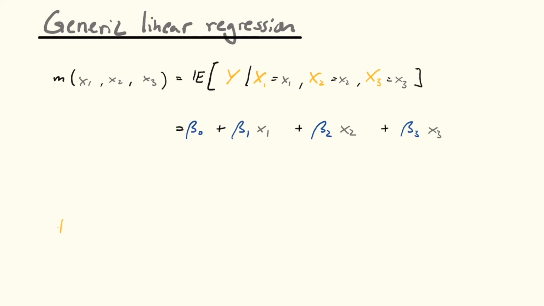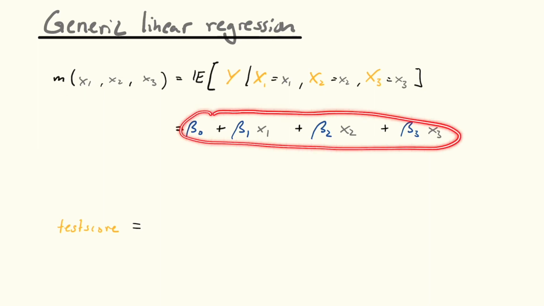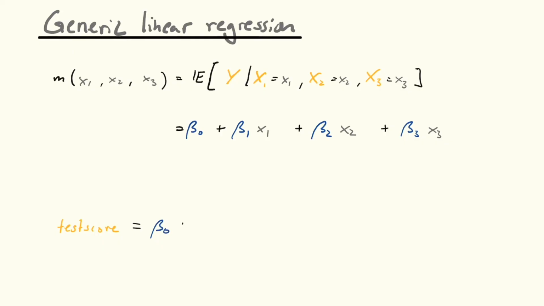Let's call it test score. Now we put the m function here. But instead of writing m, we'll plug in the linear form here. Beta naught plus beta 1. And now we put our x1 variable. In our case, that was d. But to make it easier to understand what d stands for, let's write class size plus beta 2.